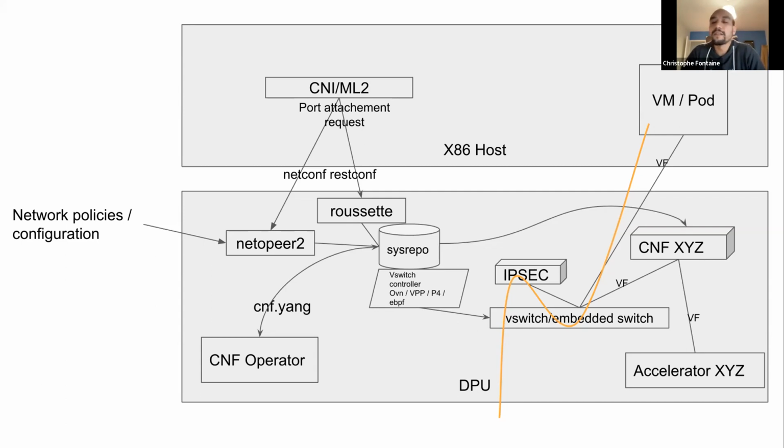But indeed, at the end of the day, we will want to leverage the additional capabilities of each specific implementation of that DPU. And that's where, at some point, we will want to extend that CNI with additional labels, additional configuration, with specific options that could be pushed through that very same CNI.